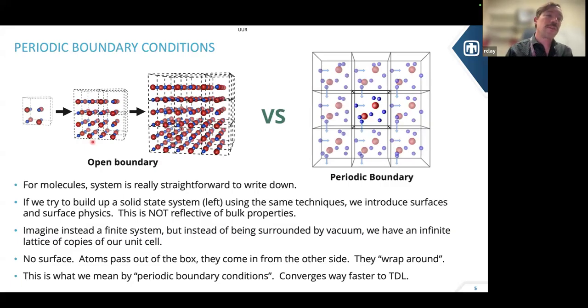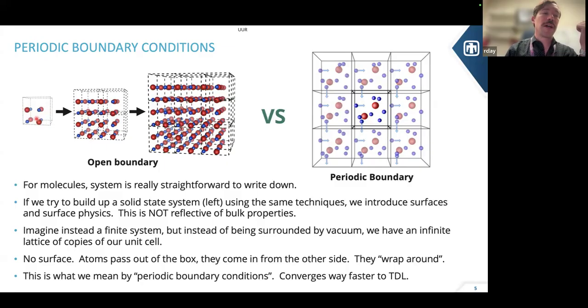So basically, molecular systems work in what's called open boundary conditions. I write down where all the atoms are, I can write down their interactions, and there's basically a finite boundary for this. So a way you can think about this is if I'm trying to build up a solid, let's say I have a unit cell over here.